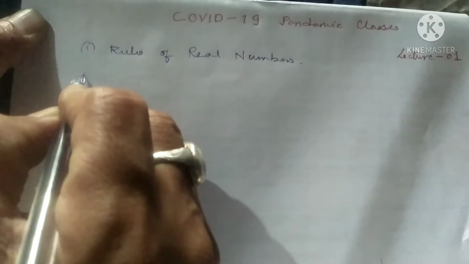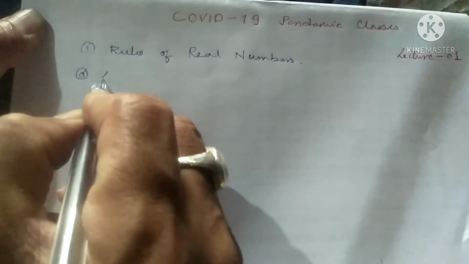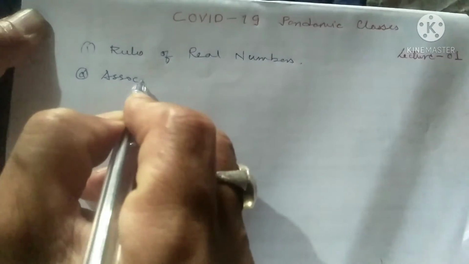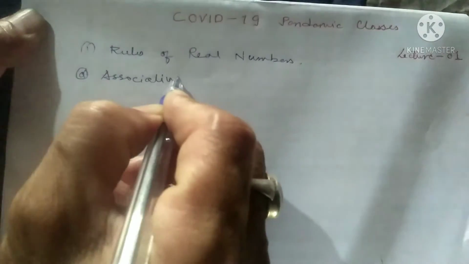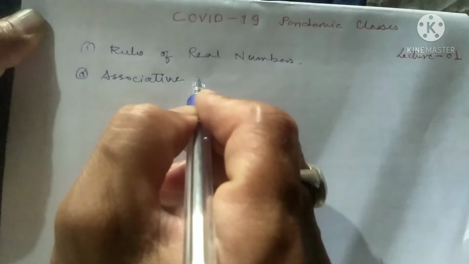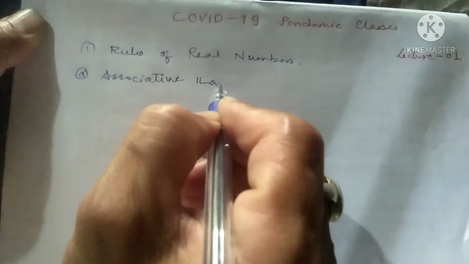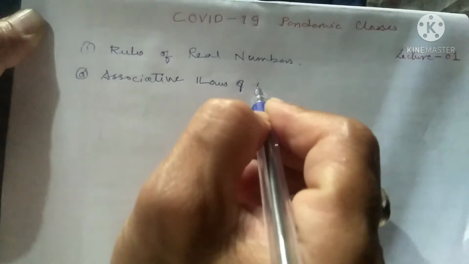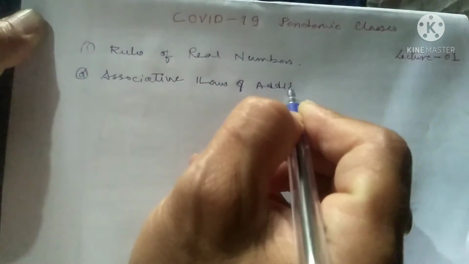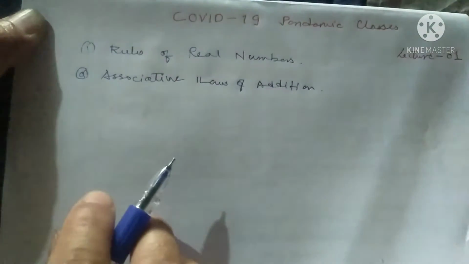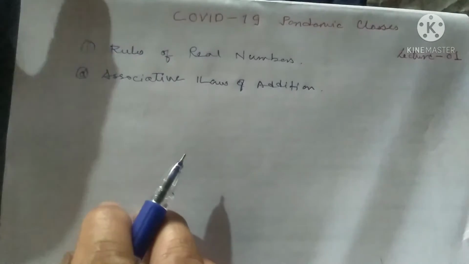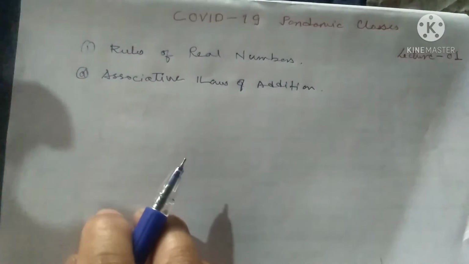The first rule is the Associative Law of Addition. So what does this mean? Association means grouping.